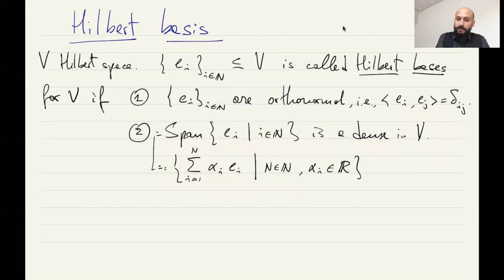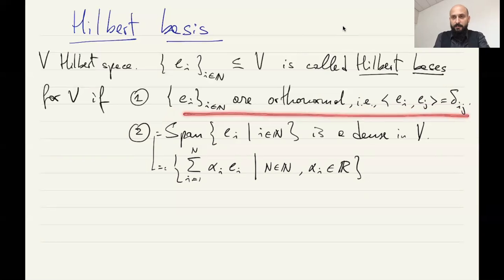Some comments. To have an infinite family of orthonormal vectors, necessarily the dimension of this vector space should be infinity. Of course, we can also talk about finite dimensional Hilbert spaces, but that's a much more basic theory. So here we are talking about infinite dimensional Hilbert spaces.